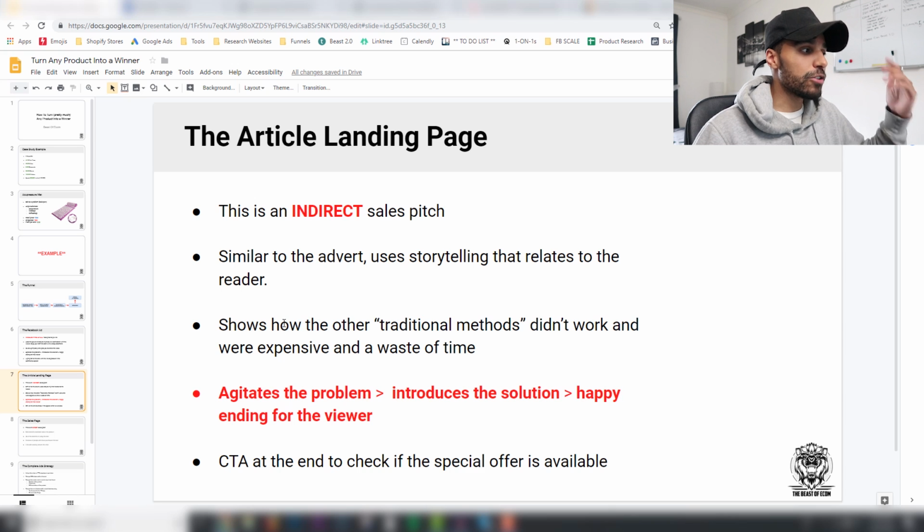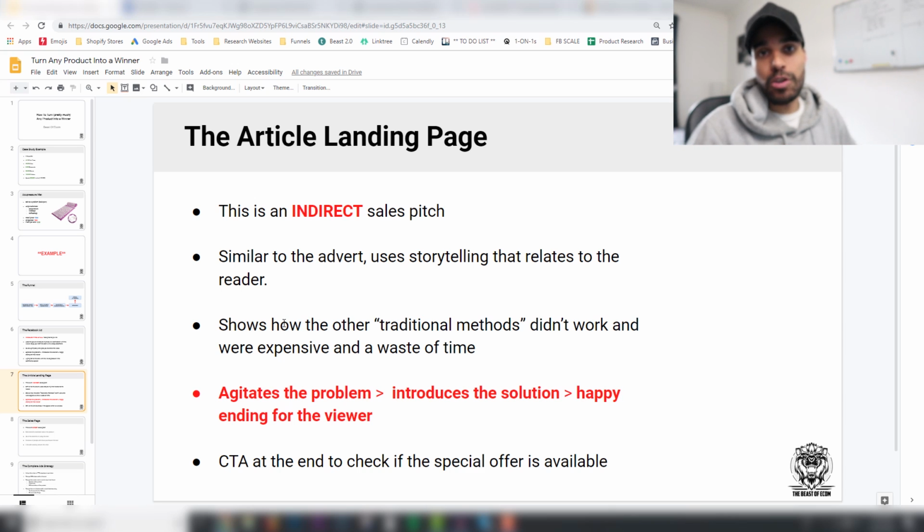Again, I'll leave the links for this whole thing in the description so you can check it out and read it all over yourself. But in the article, she goes over how the traditional methods didn't work and they were expensive. She was paying money to a chiropractor, right? It was super expensive. She spent like $200 per session or $100 per session, and she just felt worse off.